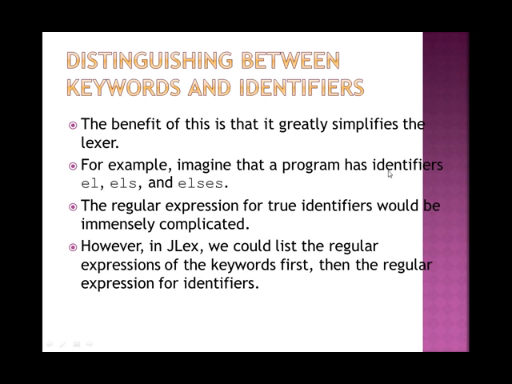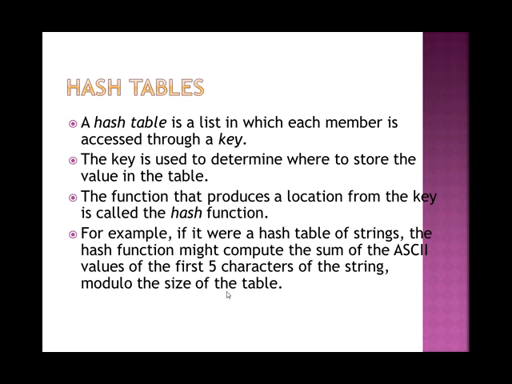For example, imagine that a program has several similar identifiers. The regular expressions for true identifiers would be immensely complicated, as you know. However, in JLex, we could list the regular expressions of the keywords first, then the regular expression for the identifier. So this is the difference between identifiers and keywords.